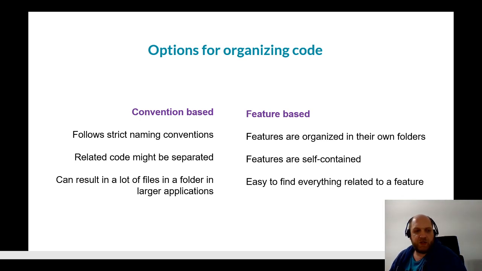So this means that we basically create folders that gather together classes that do a certain type of thing, I would say. However, what this means is that it could be very difficult to find something that you are looking for because you don't know exactly in which folder to look.